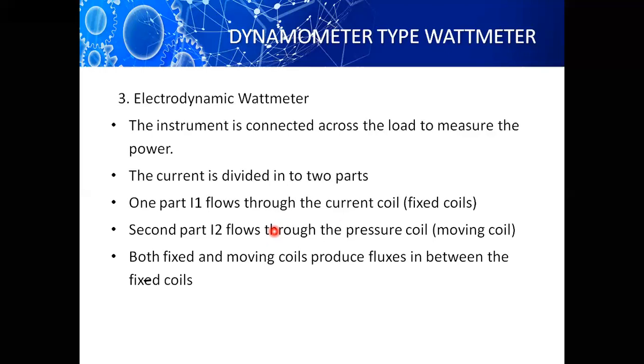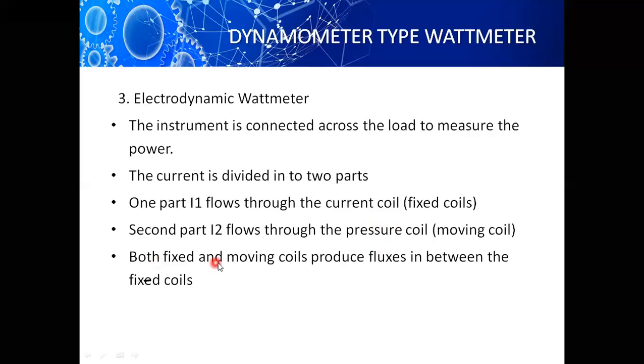So when the coil offers large resistance, the current through the coil is almost proportional to the voltage across the coil. That's what we have seen in the case of the voltmeter. We placed a non-inductive high resistance there in addition to the moving coil. Here also, by virtue of the moving coil itself being made of fine wire, the current through the moving coil is proportional to the voltage across the load.